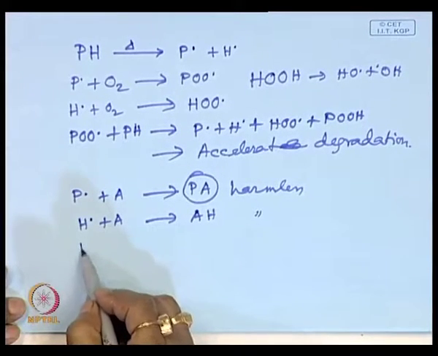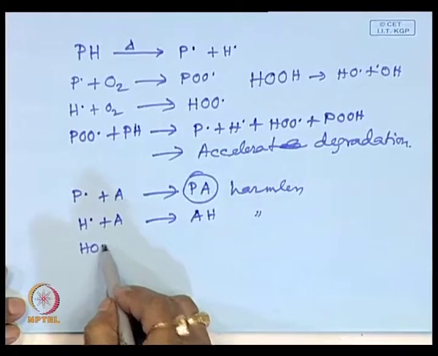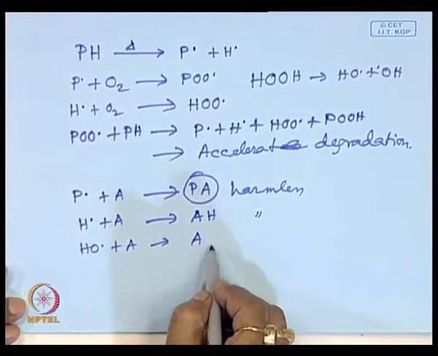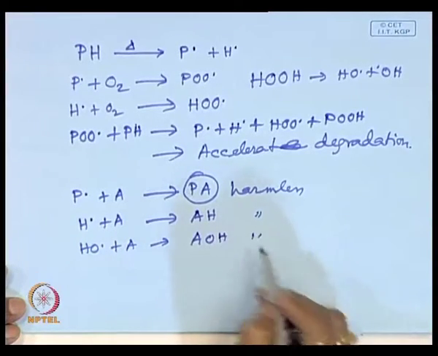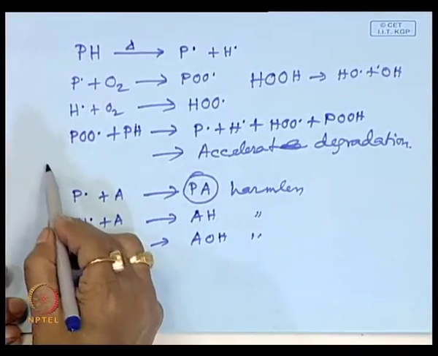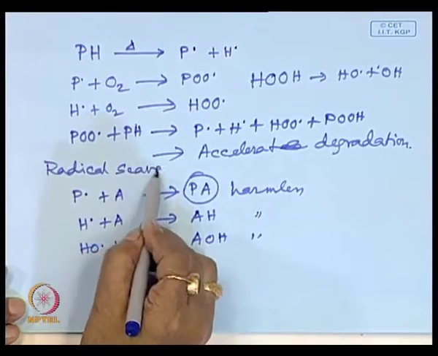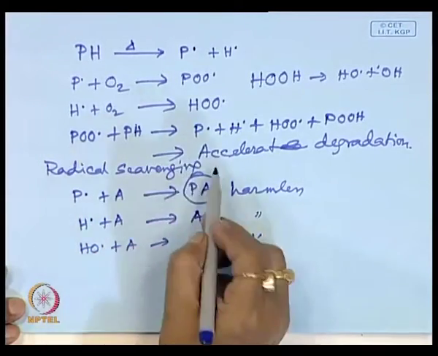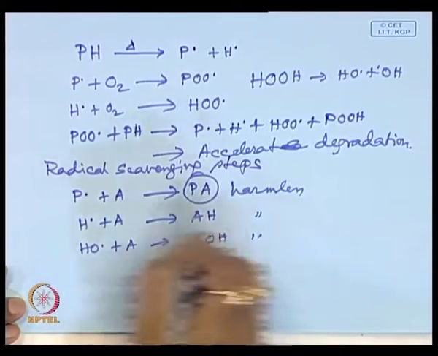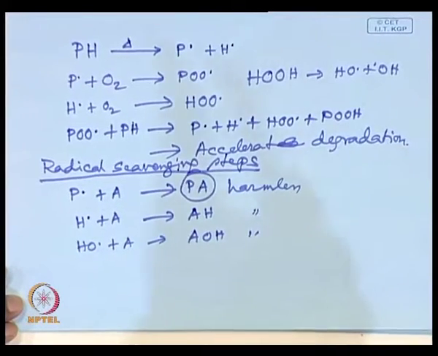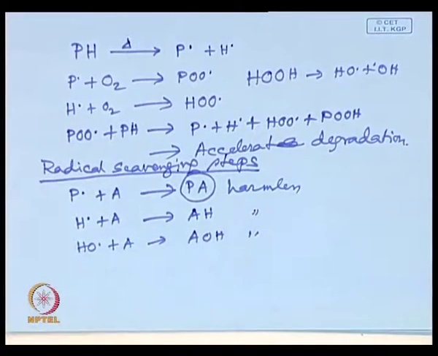So, this also can react with, that means, so these are radical scavenging steps. I will show you in detail this degradation and stabilization of polymers later, not today, I am just mentioning it here.